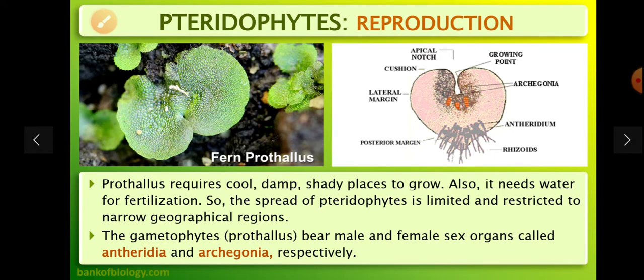The prothallus requires a cool, damp, shady place to grow. It also needs water for fertilization. So the spread of pteridophytes is limited and restricted to narrow geographical regions.